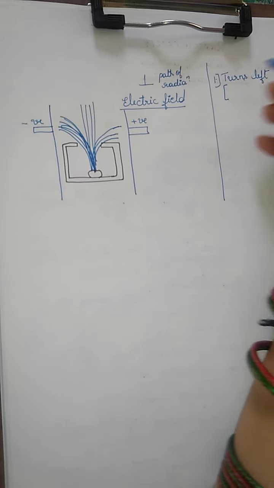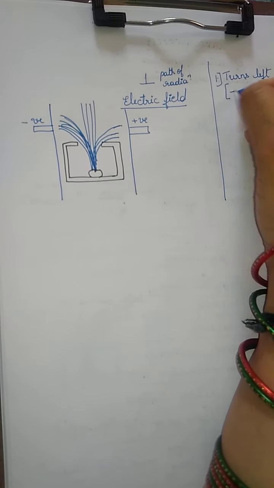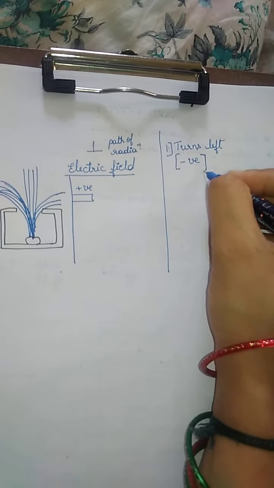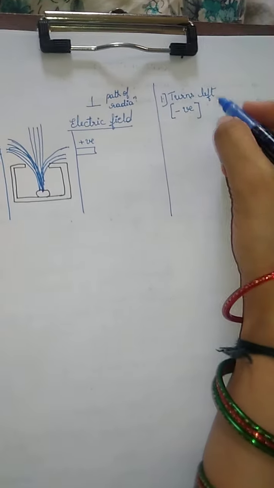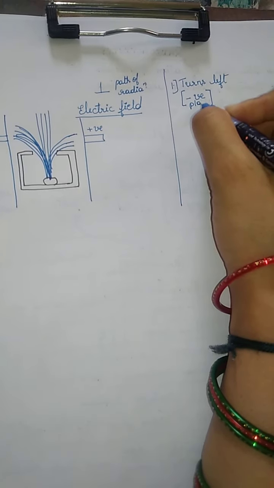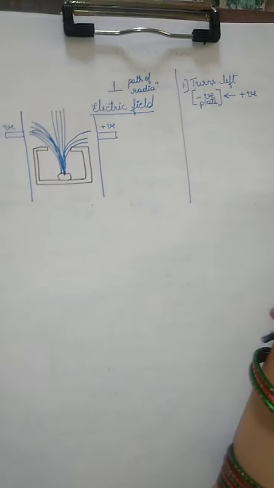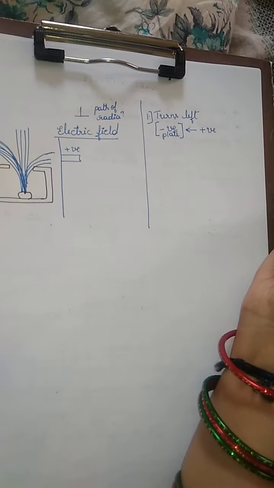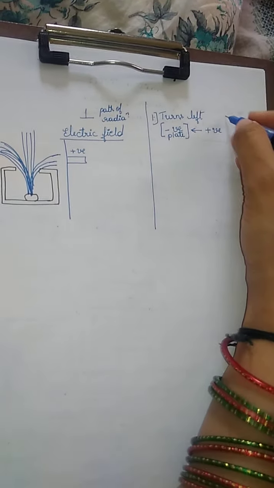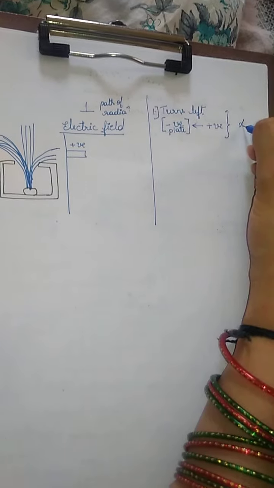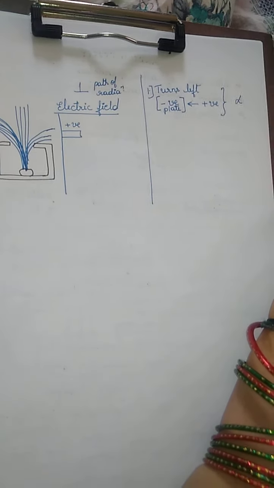That means on the left side there was a negative plate kept here. The opposite charge, that is the positive charge, was attracted to the negative plate. So the positive charge is the alpha particles.